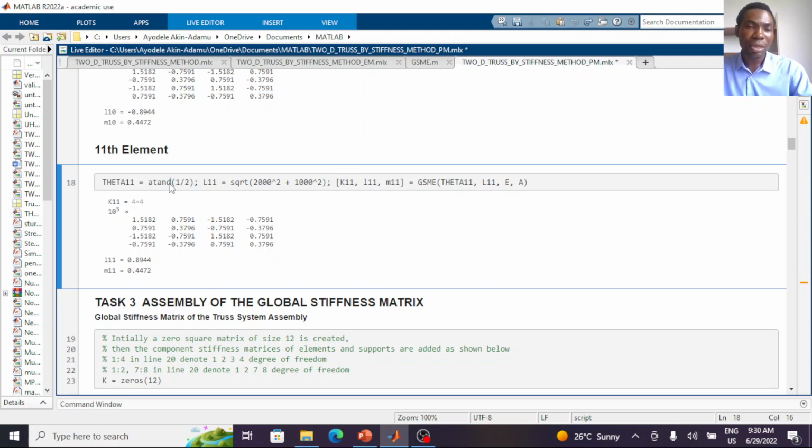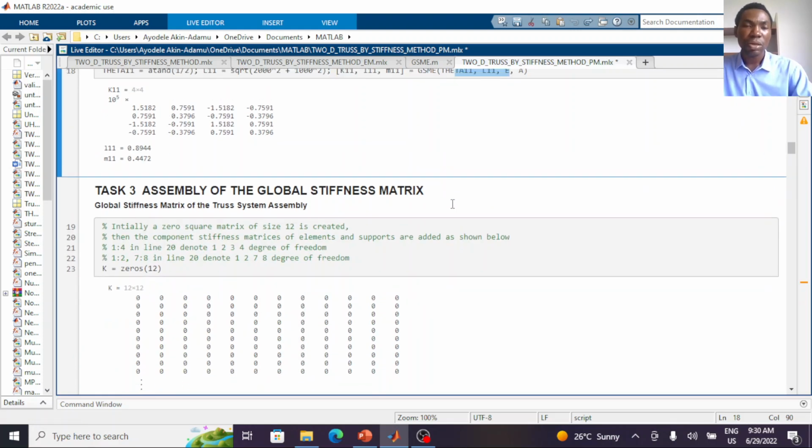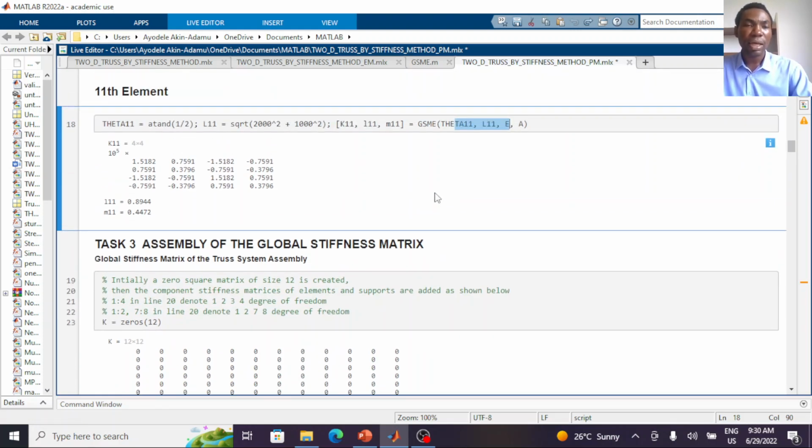If you don't put D, your angle will return in radians. So you can see 1000 over 2000. So that is the angle for element 11. So L11 is the square root of 2000 squared plus 1000 squared. This is the inbuilt sqrt function, the square root function. So Matlab returns K11, L11, M11 for me when I enter these 4 parameters. So we define our 11 finite truss elements in this manner.